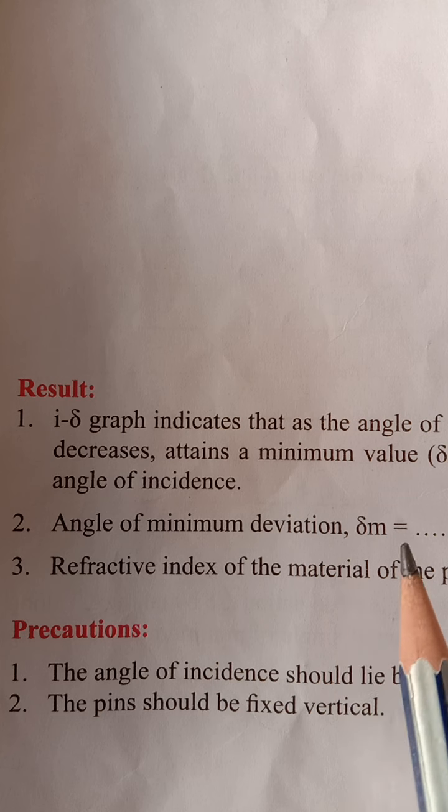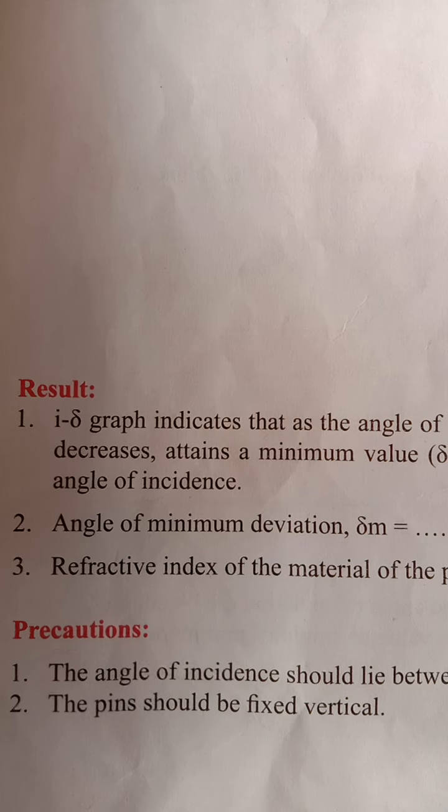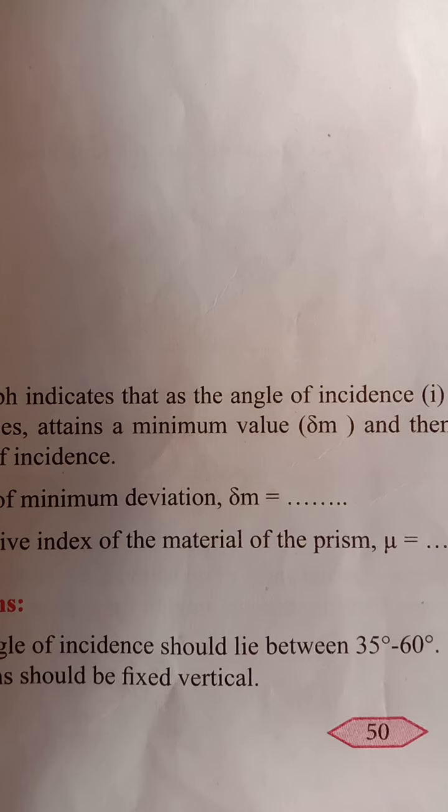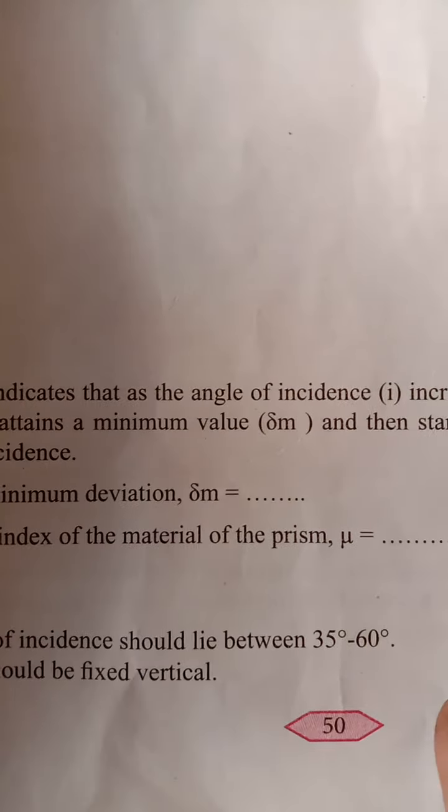The first result is given here. Then we have to find the angle of minimum deviation delta m from the graph, which we can write, and then the refractive index of the material of the prism mu, after calculating, we will have to put there.